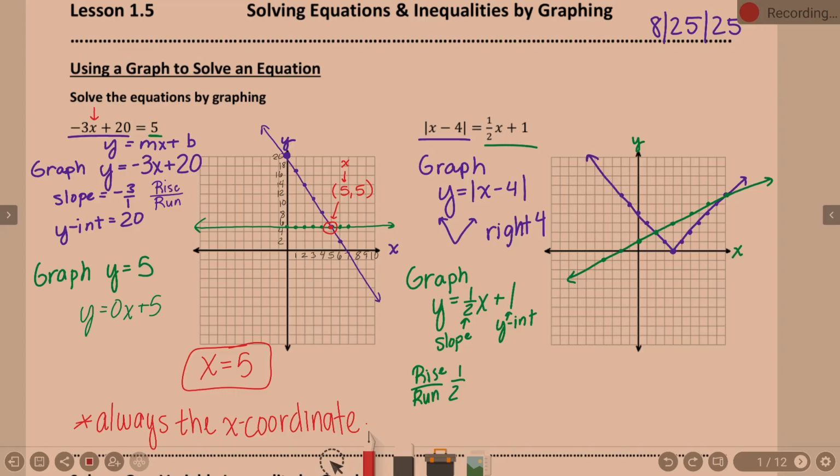What are these ordered pairs? This first ordered pair was what? 2, 2. And what's this ordered pair over here? 10, 6. Okay. What are my answers? 2 and 10.